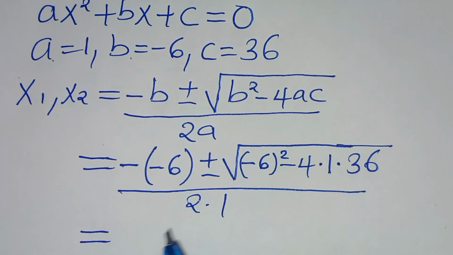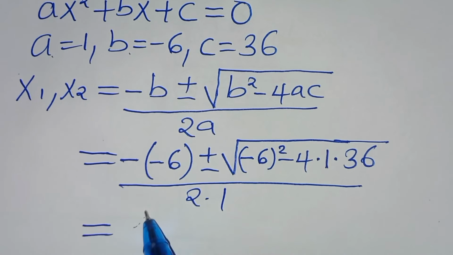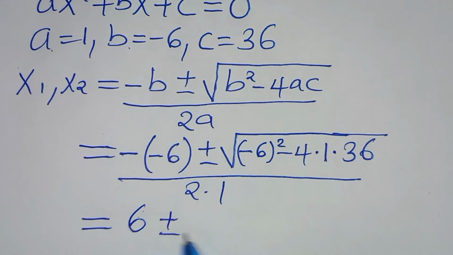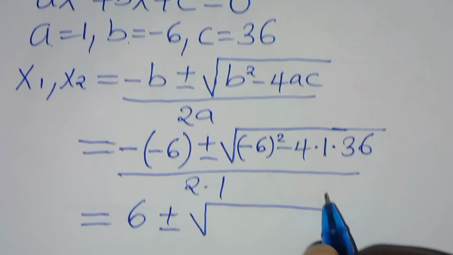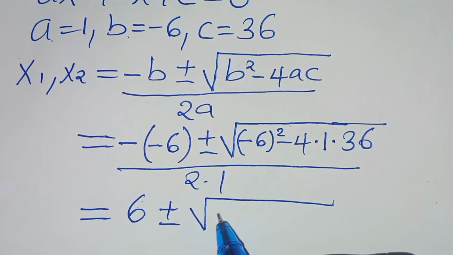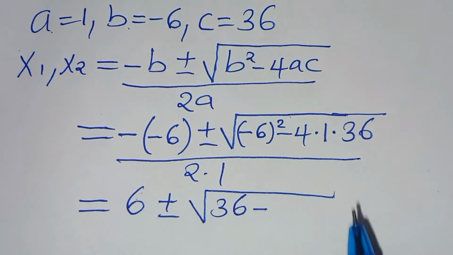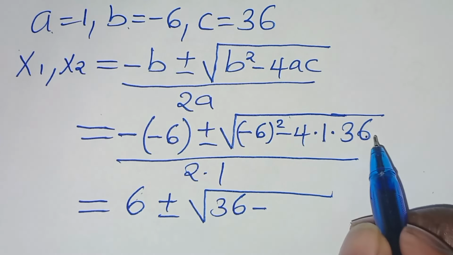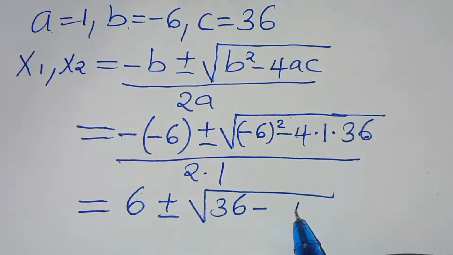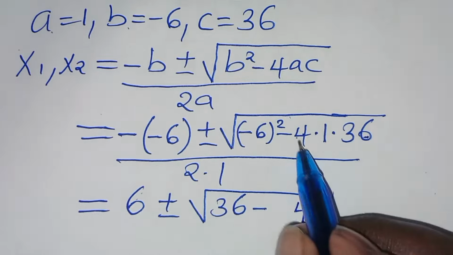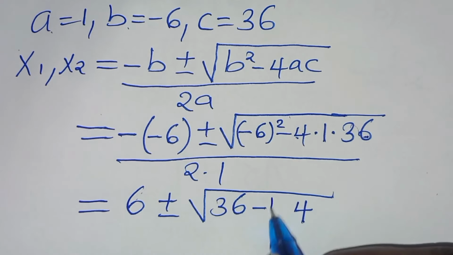So this implies that minus times minus 6 is 6, plus or minus the square root of minus 6 squared, this is 36. Then we have minus 4 times 36. 6 times 4 is 24, so 4 carry 2, then 4 times 3 is 12, plus 2 is 14.